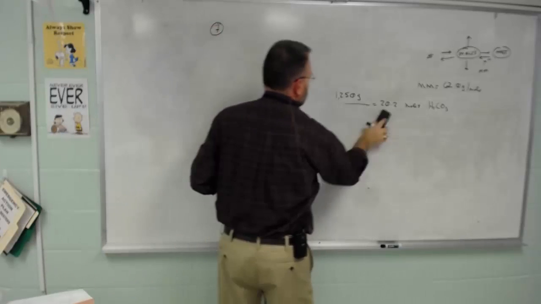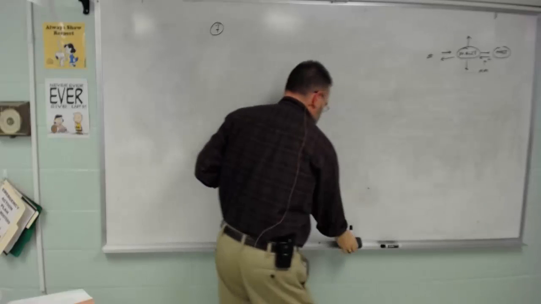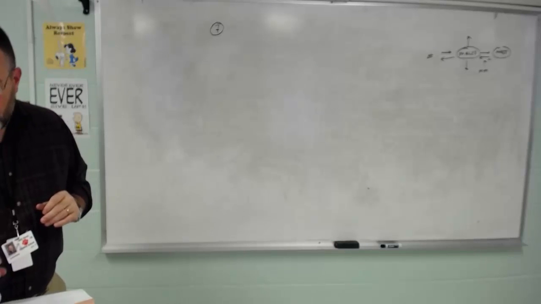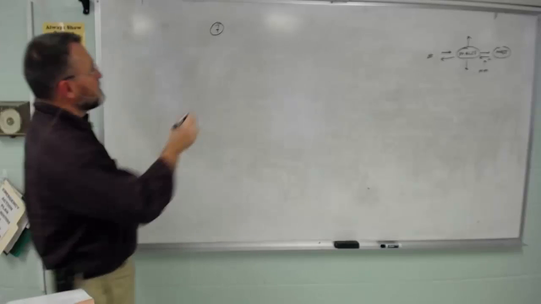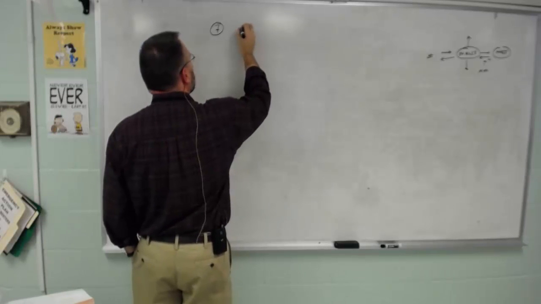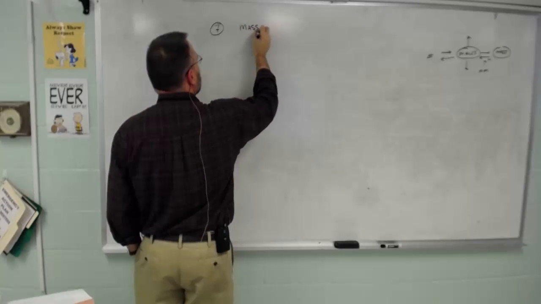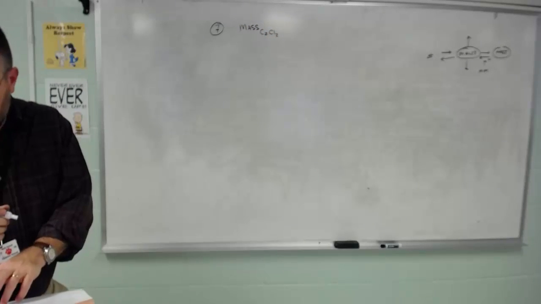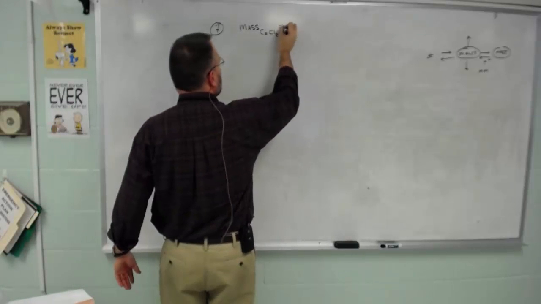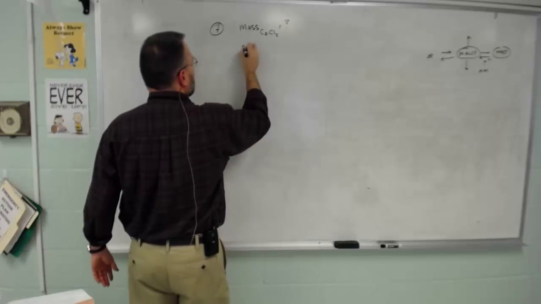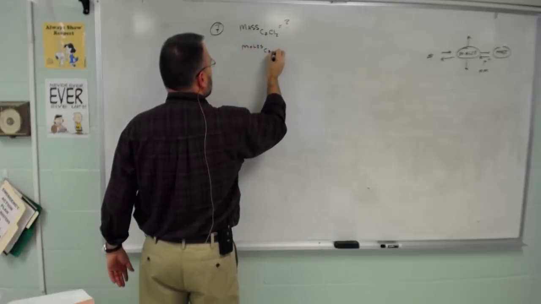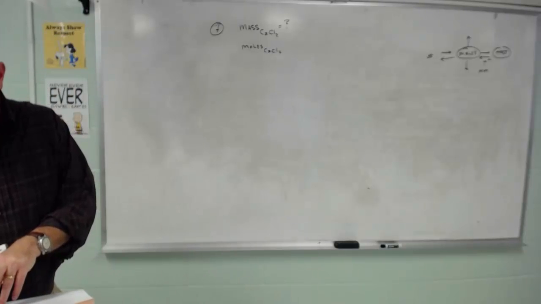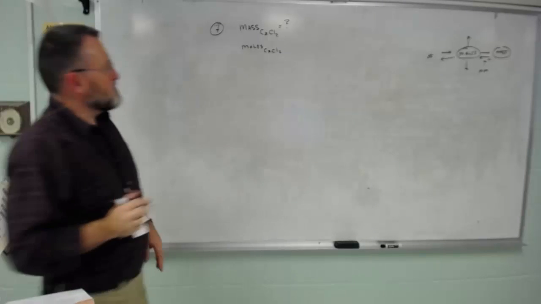Number 7. It says, what is the mass of a calcium chloride sample if it contains 0.344 moles?